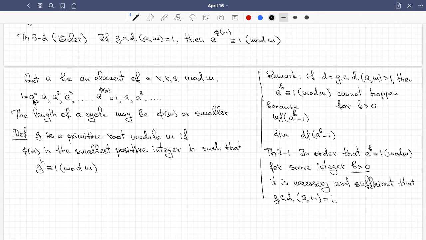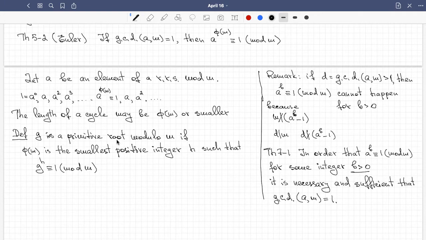If we call it a, not g, we don't know whether a is a primitive root or not. So up to somewhere, it is already 1 modulo m. Again, here it is also 1 modulo m, but the cycle is shorter.